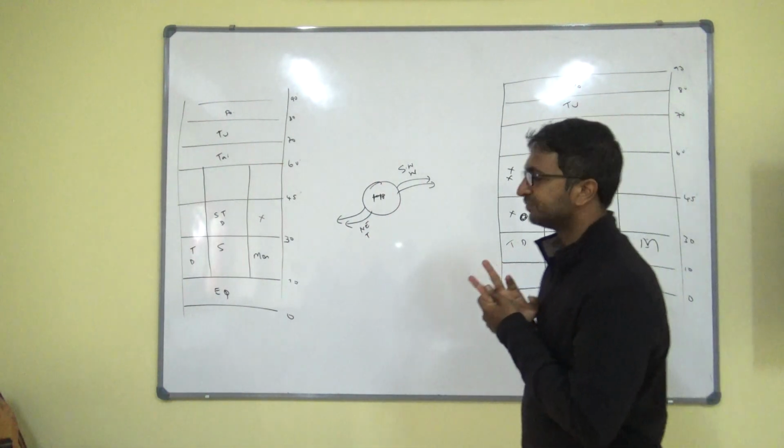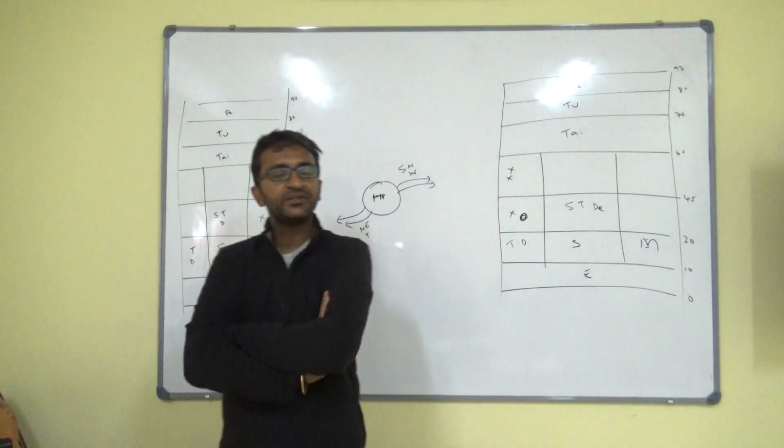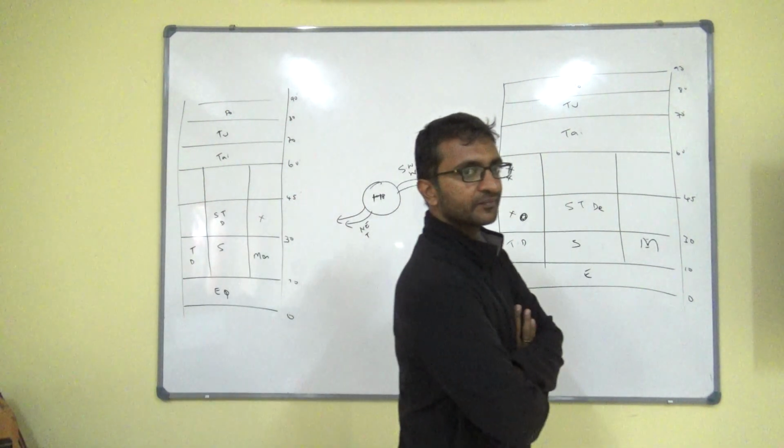Approximately how much rainfall? Approximately say 75 centimeters of rainfall.